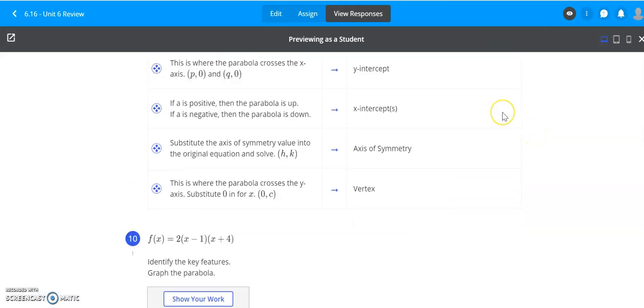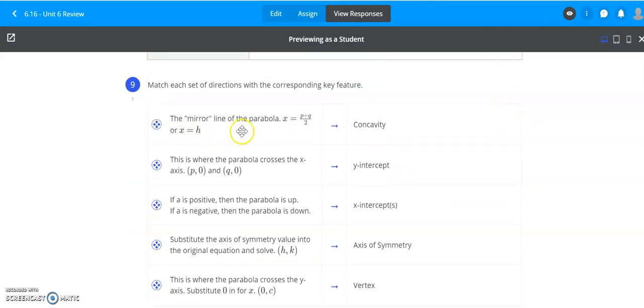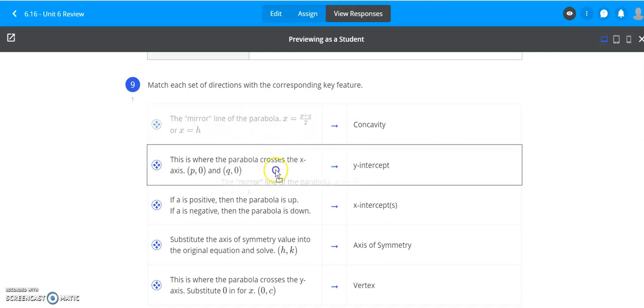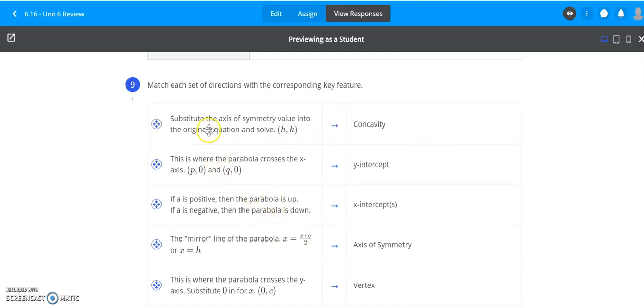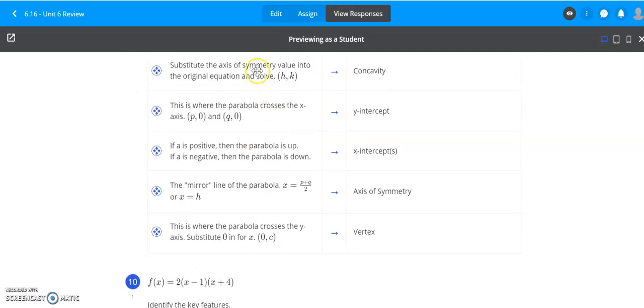Okay, so now we're going to match key features. The mirror line of the parabola x equals p plus q over 2, or x equals h. That's our axis of symmetry. So we'll move that one down to axis of symmetry. Substitute the axis of symmetry value into the original equation and solve for h and k. That's getting our vertex. This is where the parabola crosses the y-axis.